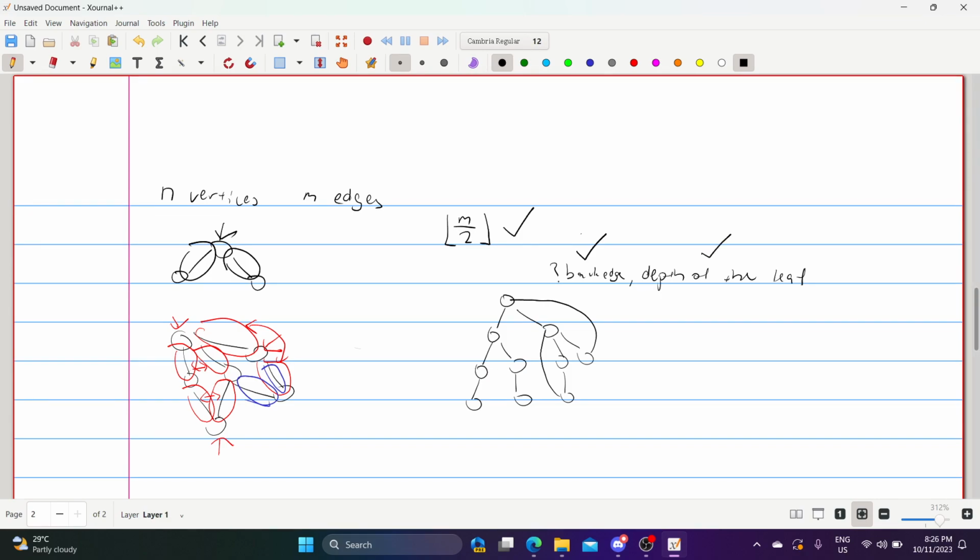So the reason why we want to do this is that, let's consider a leaf that has a back edge. So for example, this. What we can do is that we can pair this edge with this edge. And then when they are both paired up, you can just delete both edges and then remove the leaf. So after you remove the leaf, it becomes a smaller graph with one fewer vertex.